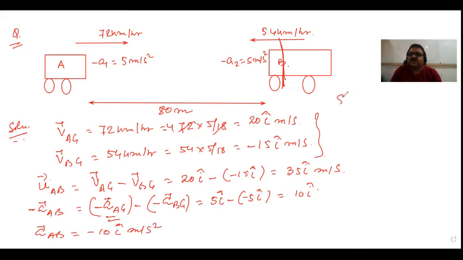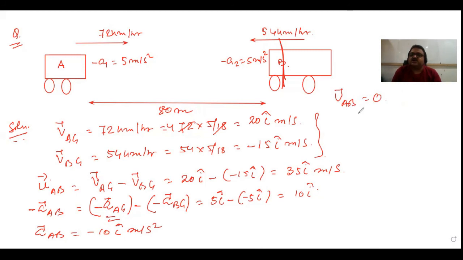Now we could apply S equal to UAB into T plus half AT square, or better, instead of doing that, ultimately they need to stop. So the final velocity of A with respect to B must be 0 because A needs to stop.